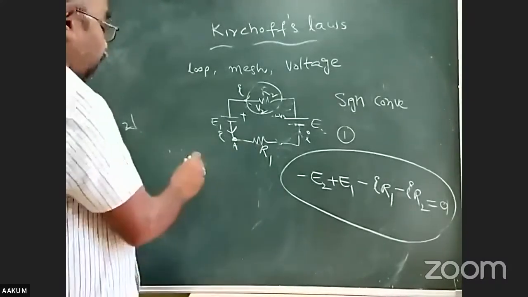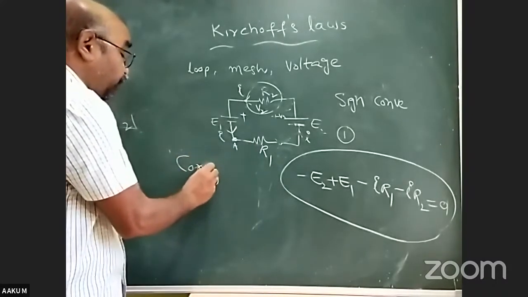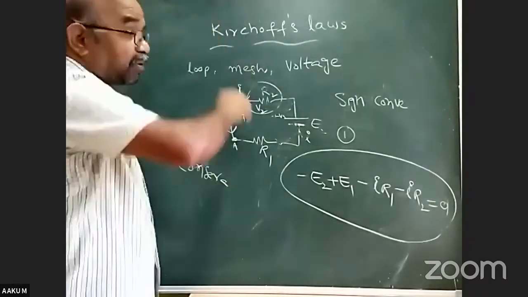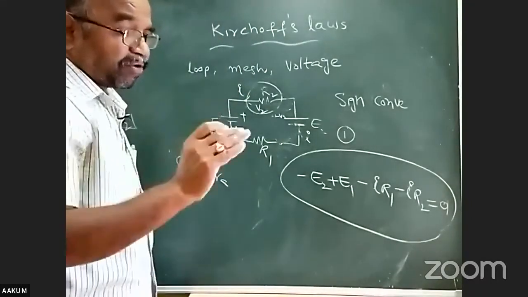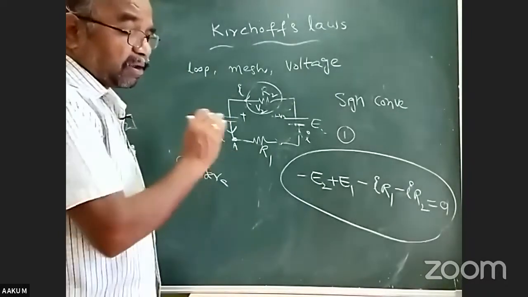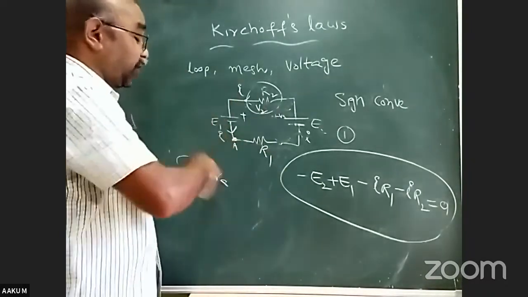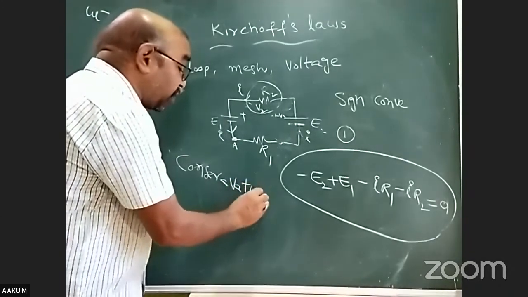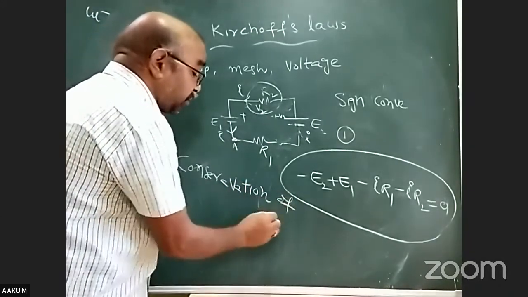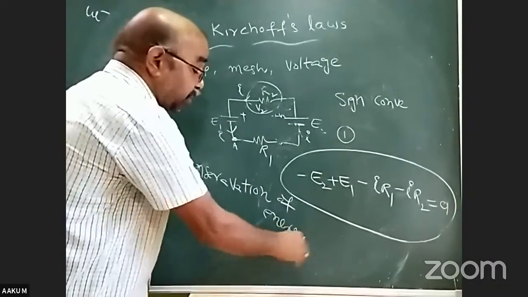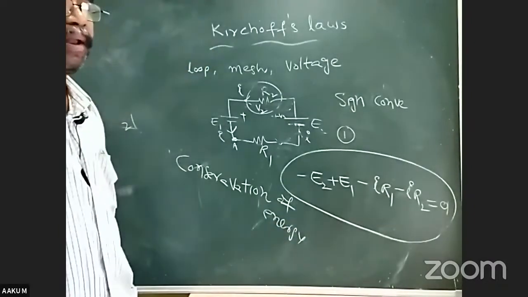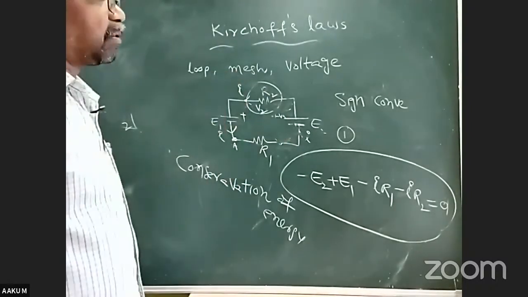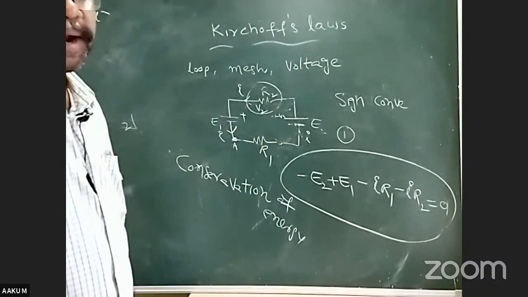This is based on conservation of energy, whereas Kirchhoff's first law is based on conservation of charge. Kirchhoff's second law is based on conservation of energy. Keep this point in memory. Okay, so these are the Kirchhoff laws useful to find the I value.